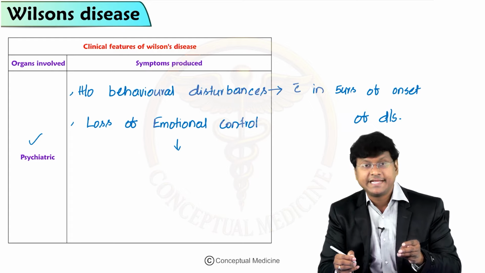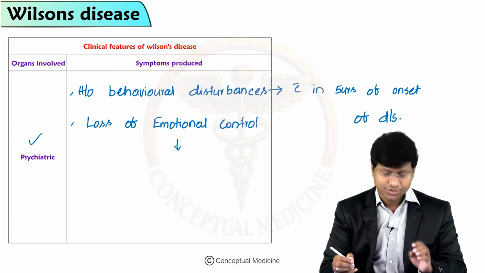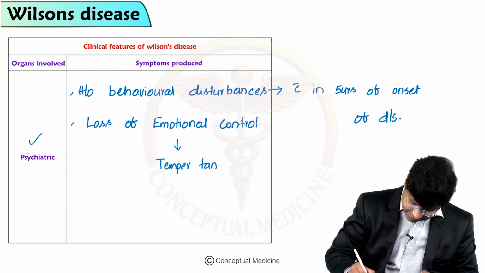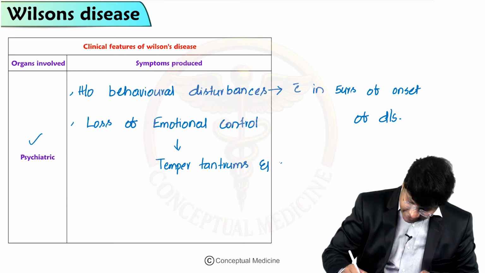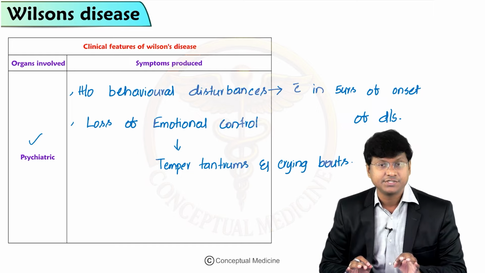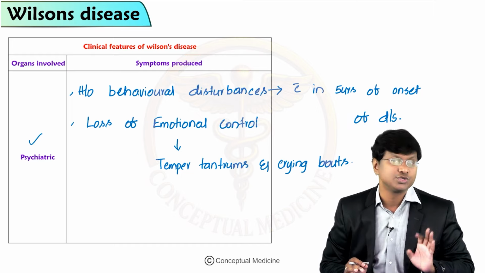That includes temper tantrums and crying bouts. So these will be the manifestations due to loss of the emotional control.